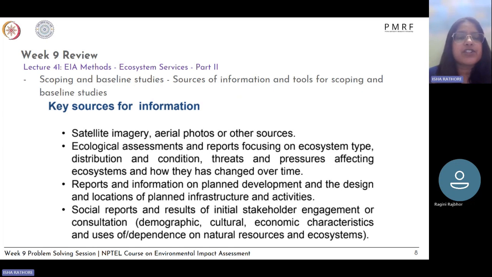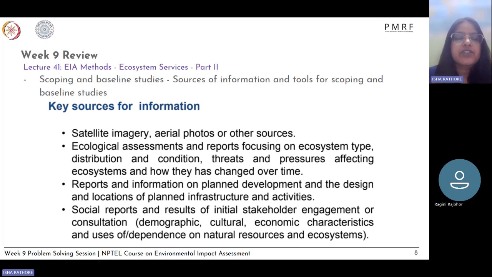We can also have information from reports and information on plant development and the design and location of plant infrastructure and activities. So from development plans, you can see what activities and other things are planned and how they're going to affect. Then we can gather information from social reports and results of initial stakeholder engagement or consultation.